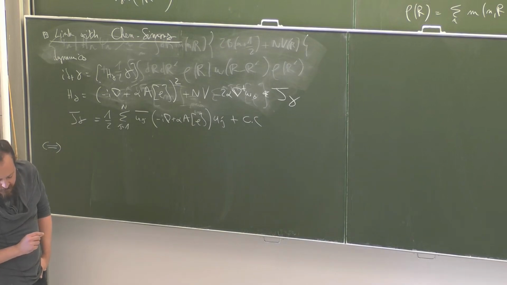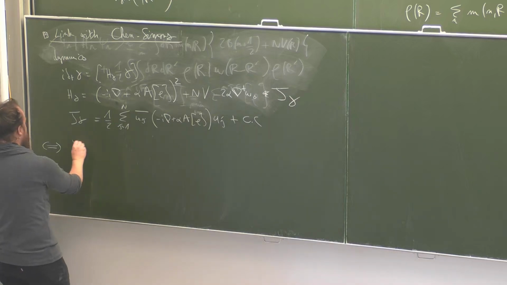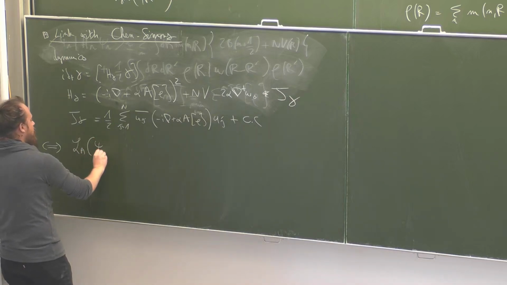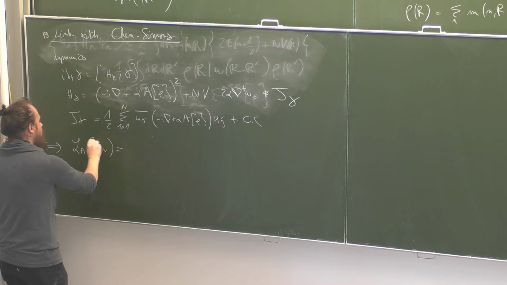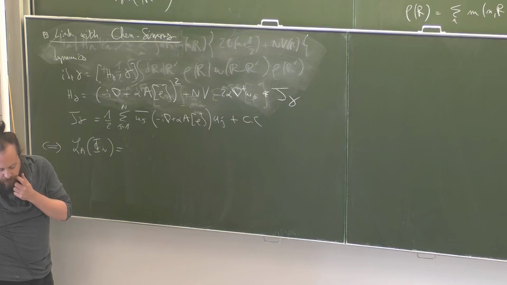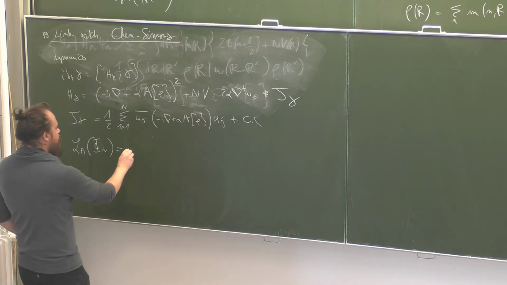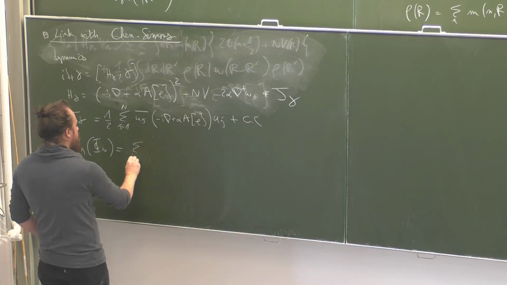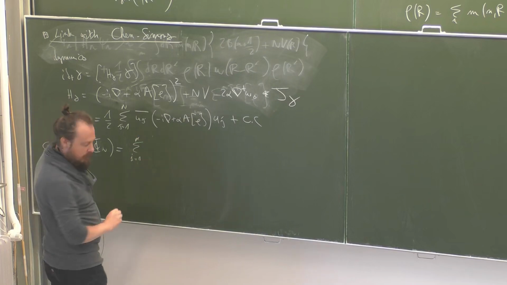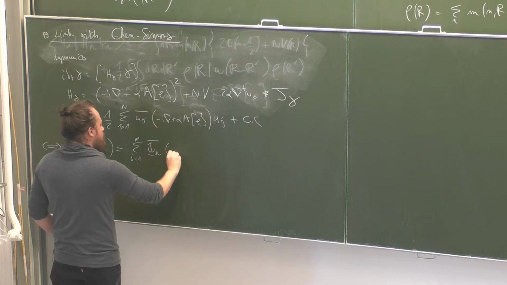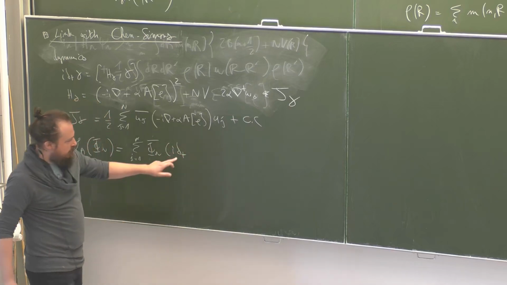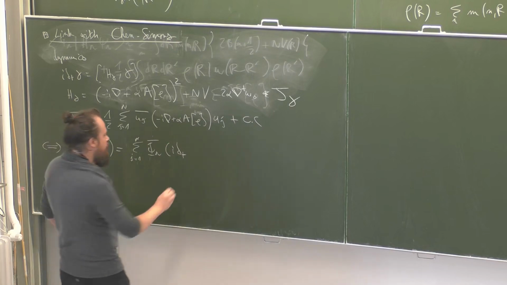So this is the same as saying I have a Lagrangian of phi n, where phi n is the original Slater determinant, which looks like that. Sum j from 1 to n, phi n bar i. So this is the time coordinate for particle number j.